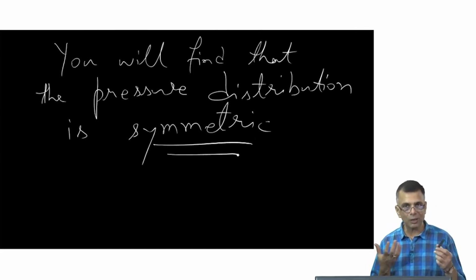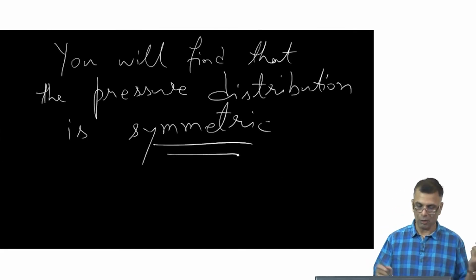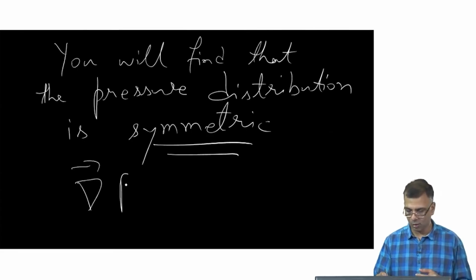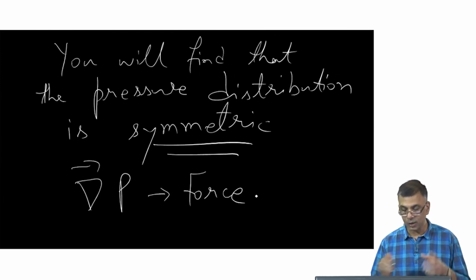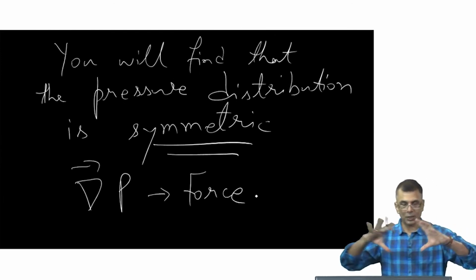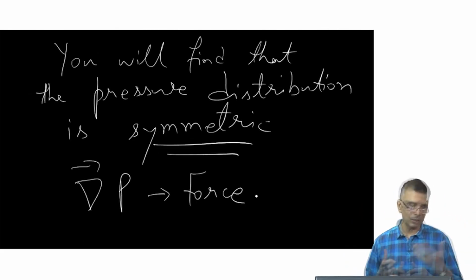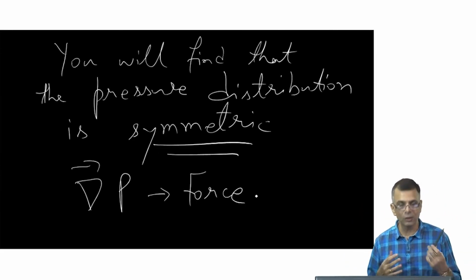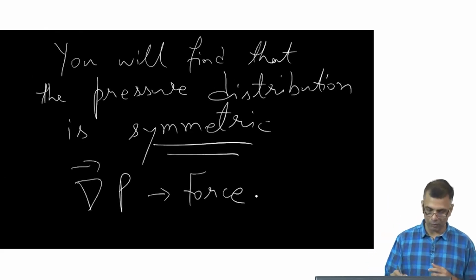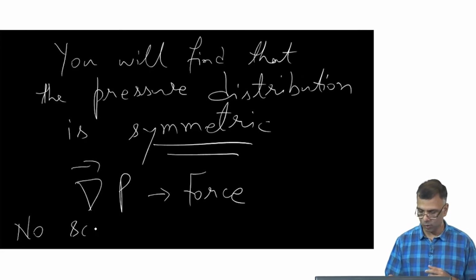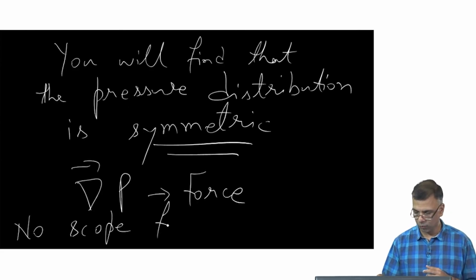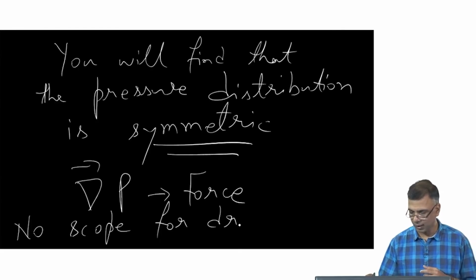You see, a gradient of pressure is what gives you a force. If the pressure distribution is completely symmetric around a body, there is no scope for force, and therefore no scope for drag.